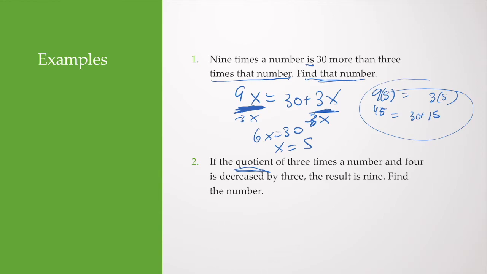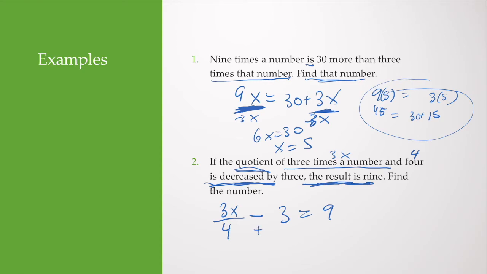If the quotient of 3 times the number and 4 is decreased by 3, the result is 9. So the quotient of 3 times a number, that'd be 3x, and 4, quotient means I'm dividing, is decreased by, so that means I'm subtracting 3. The result, so what it equals, is 9.